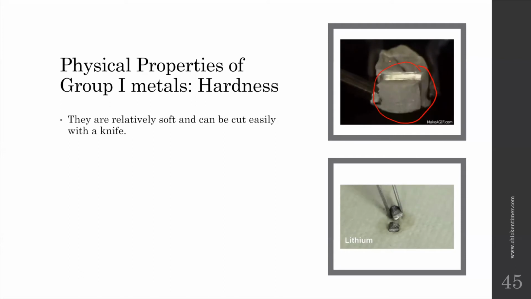That means it immediately reacts with air, so the color will change and it doesn't look as shiny as before. Lithium doesn't change color that quickly. That means lithium is less reactive than sodium. A simple, very basic kind of conclusion.